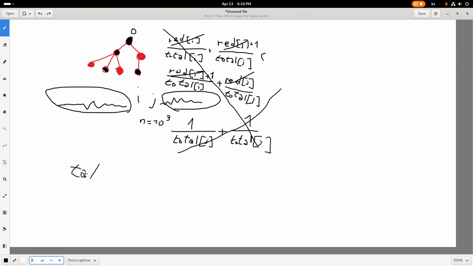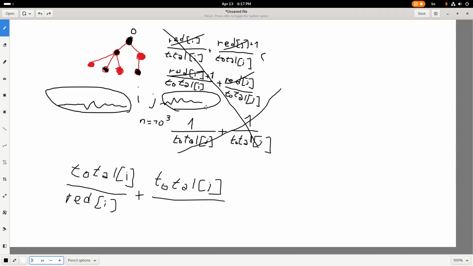Total of I divided by red of I plus total of J divided by red of J plus 1.